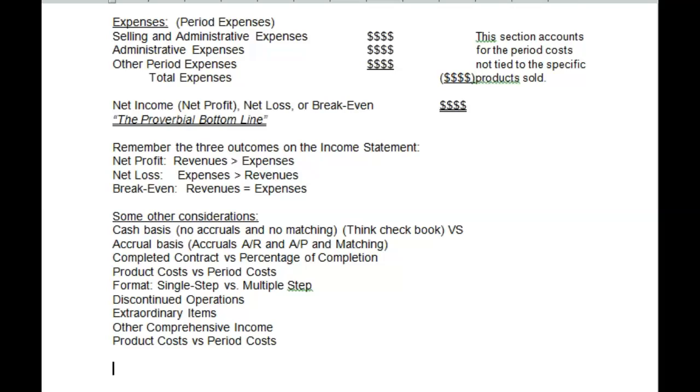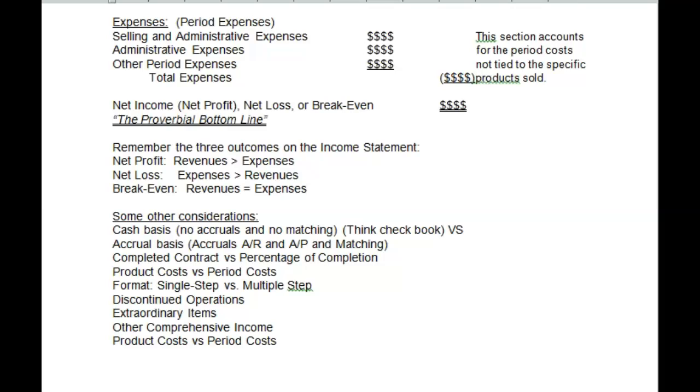You can get into some specialty construction income statements with completed contract versus percentage of completion. We know to look at product costs versus period costs. That makes a difference. Format, single step versus multiple step. Just remember, multiple step shows detail. Single step is the less detailed summary of your income statement.